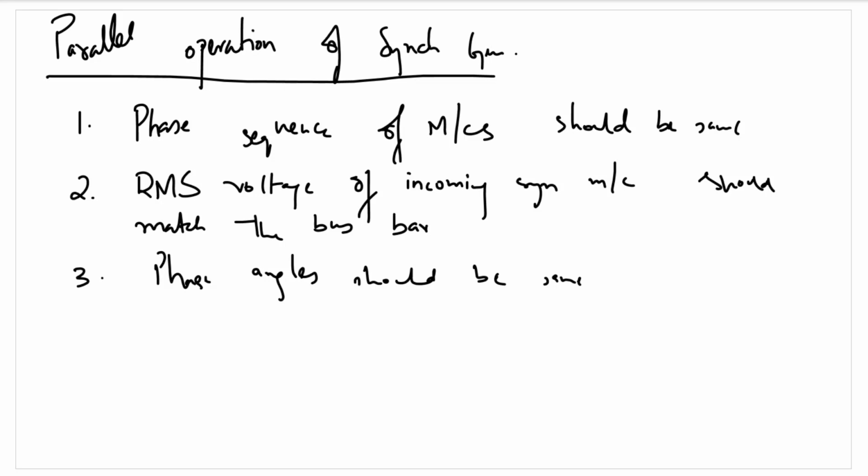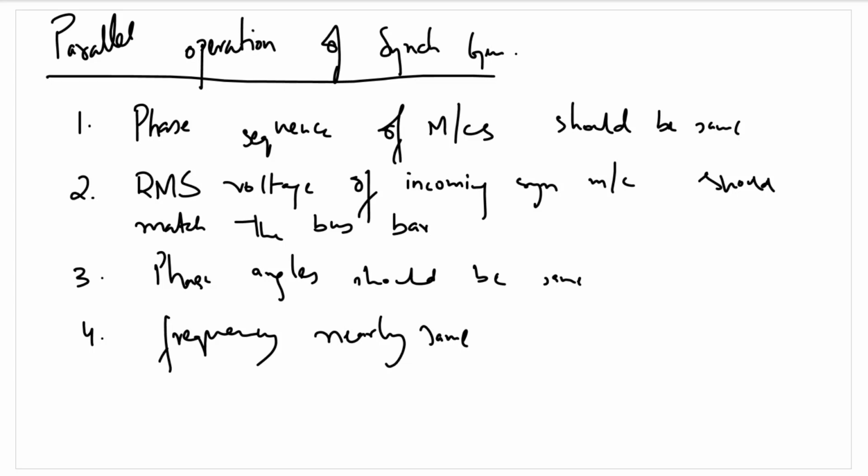Frequency of the two should also be nearly the same. If one is operating at 50 hertz, another one is operating at 49.95 hertz, that's okay. We cannot have one operating at 50 hertz and another one operating at 40 hertz. That's not how this works.